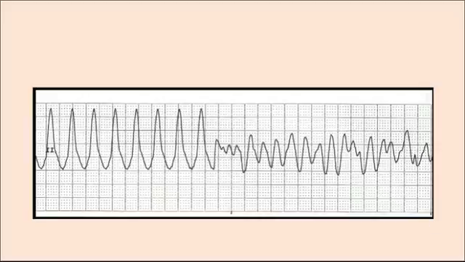VTach is very, very unstable. Sometimes you have spurts where they go in it, 3, 4, 5 beats, and they come back out into sinus, but it is telling you that something's bad. You need to treat immediately or you are going to be in a complete cardiac arrest. If you look at this, think about what's happening.